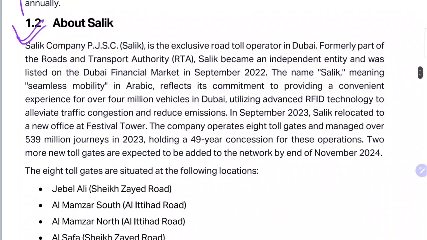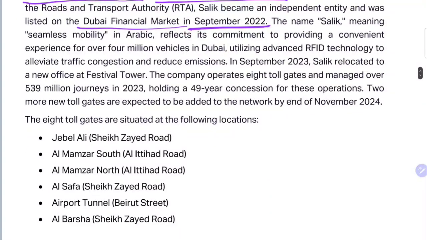Now, what is the company about? So it is written very clearly. It is the exclusive road toll operator in Dubai. Also, formerly part of RTA, Road and Transport Authority, it became an integrated entity and is listed in Dubai Financial Market (DFM) from 2022. So this is the company's introduction actually.